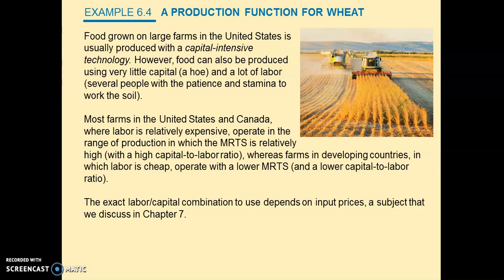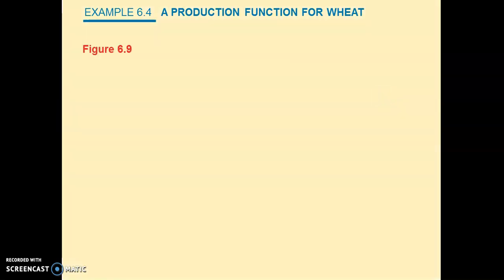So the marginal rate of technical substitution would be relatively high if it was a high capital to labor ratio, or your marginal rate of technical substitution would be lower if it had a lower capital to labor ratio. And that exact ratio or combination of those inputs is going to depend on the input prices, and that is where chapter 7 comes in, looking at the cost constraint.